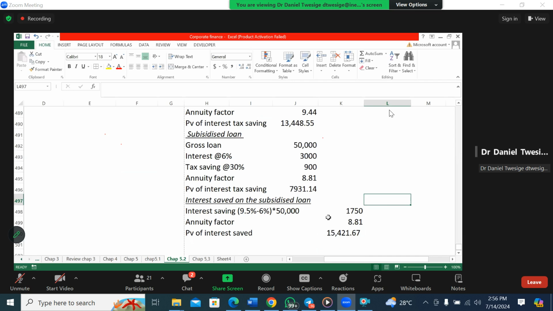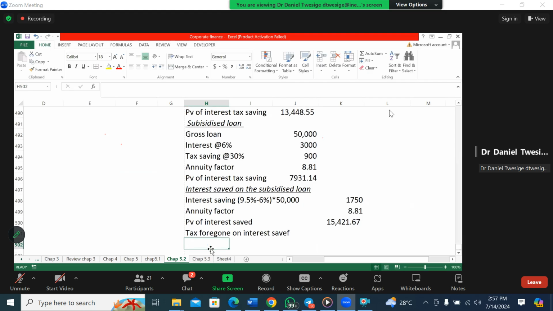Tax foregone on interest saved. So our interest saved is this.